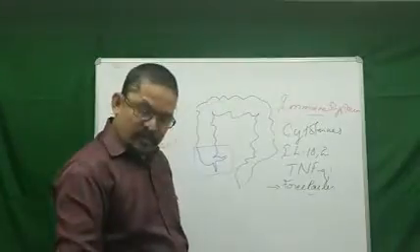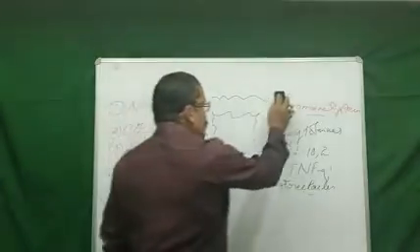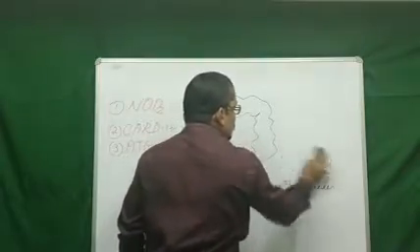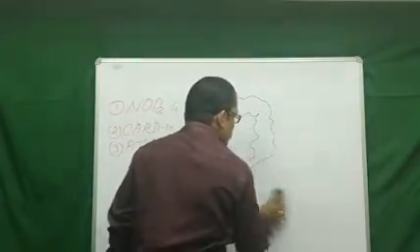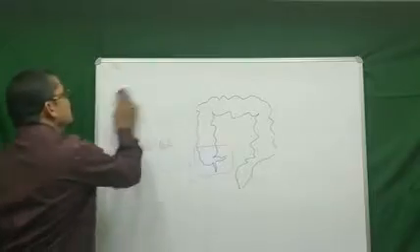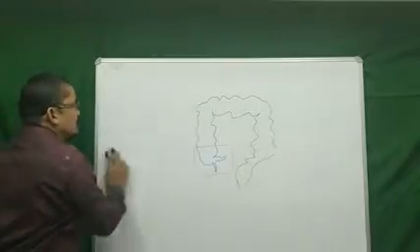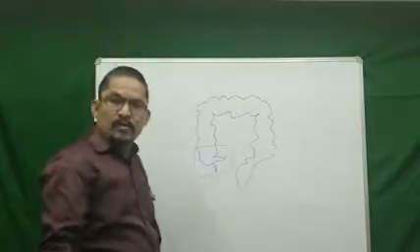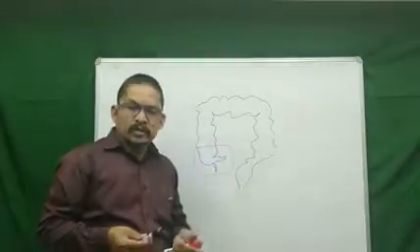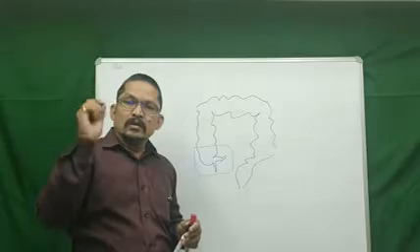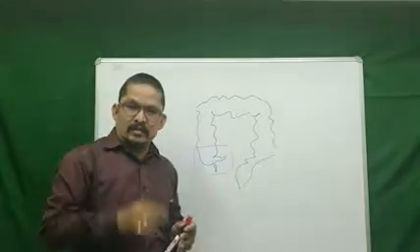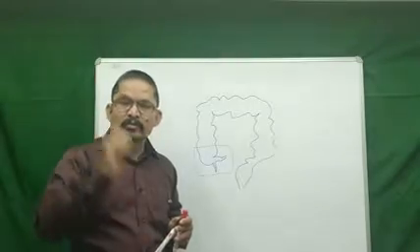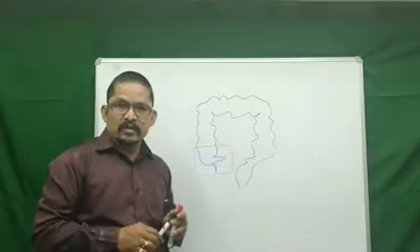Let us see Crohn's disease. As we mentioned earlier, it can affect the GIT anywhere from mouth to anus, even though there are some specialized areas of involvement in Crohn's disease.